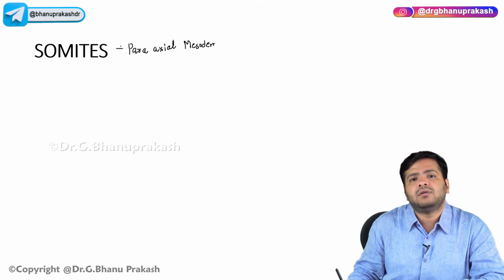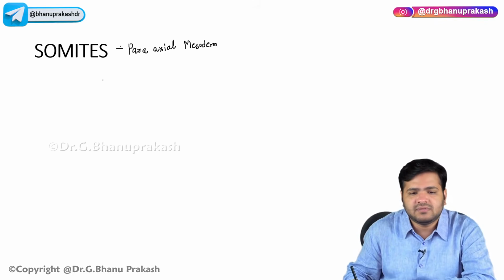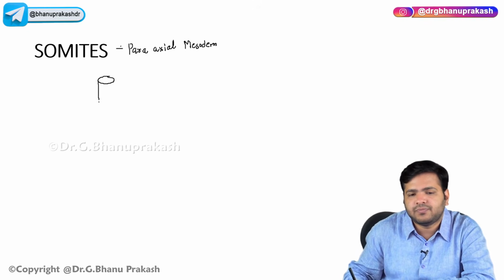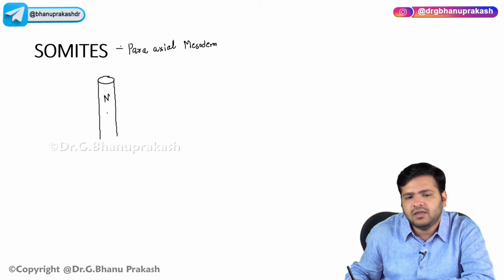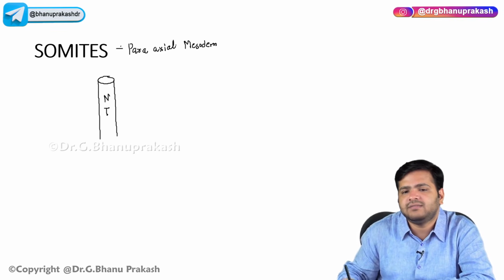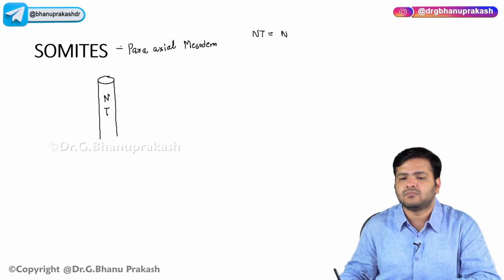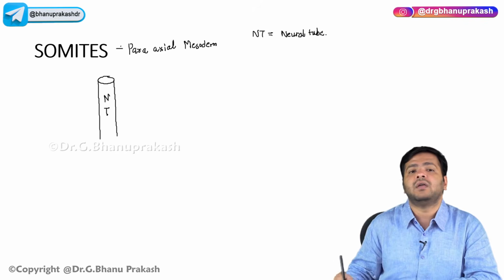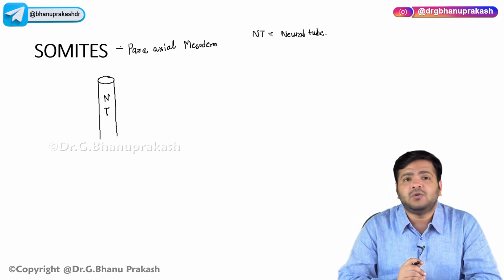Now let us suppose this is the neural tube. I'm writing NT over here. So remember, NT stands for the neural tube. Now, at the sides of the neural tube, what is present?